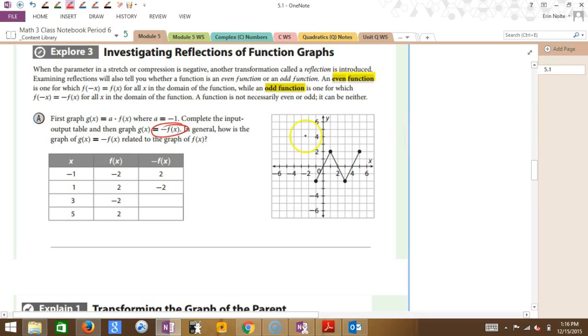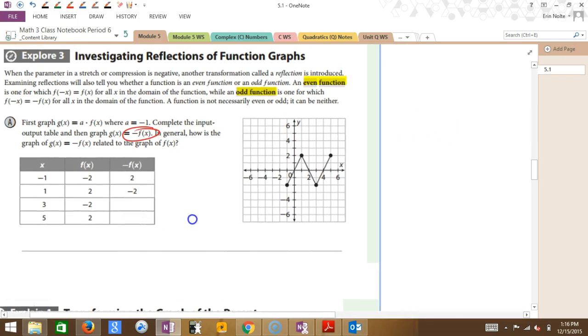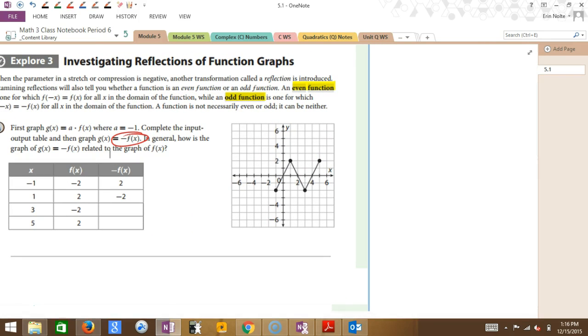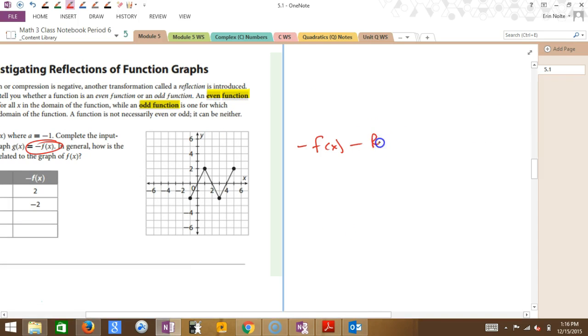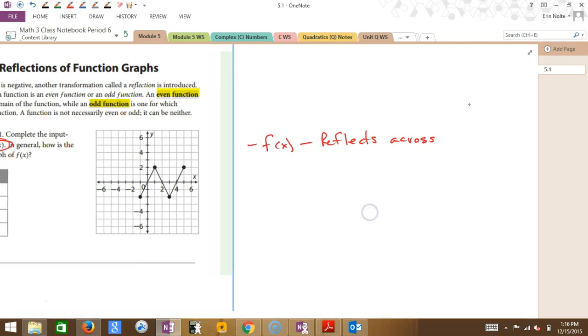Can everybody be okay that if I put a negative in front, we can just say it reflects across the x-axis?